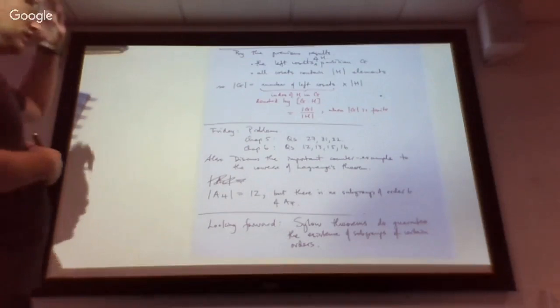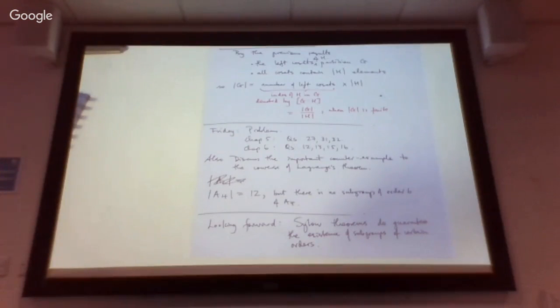We'll discuss it in detail in due course. But it's important to note that Lagrange's theorem does not guarantee the existence of subgroups of certain sizes. It just says if the subgroups exist, the sizes can only come from a certain restricted set of sizes, namely all the divisors of the size of the group.